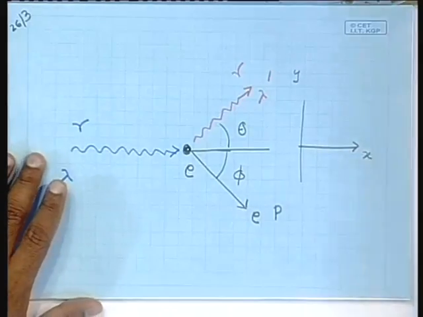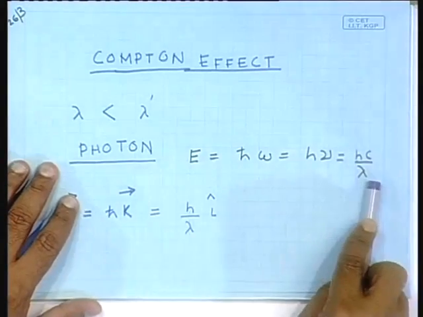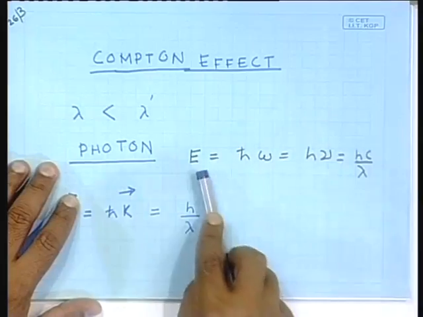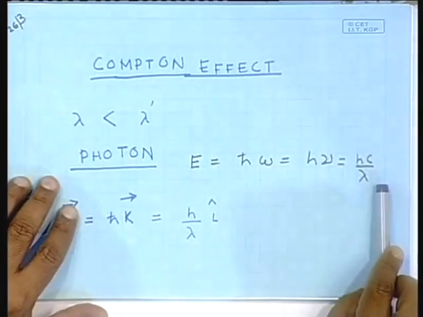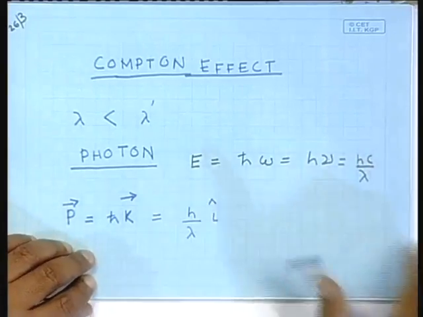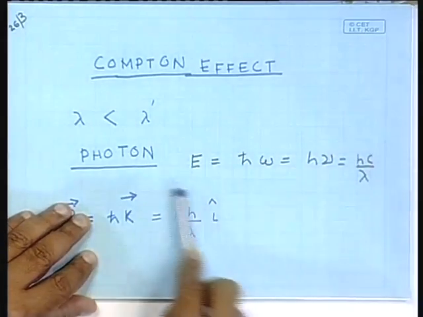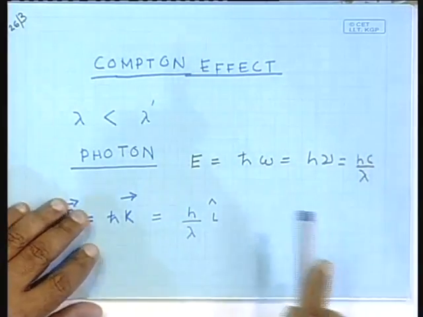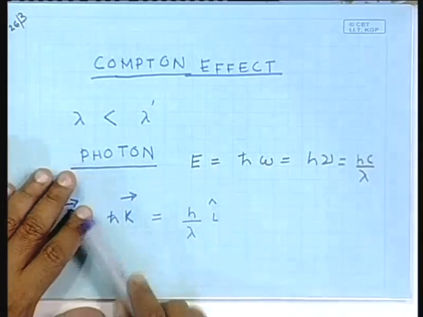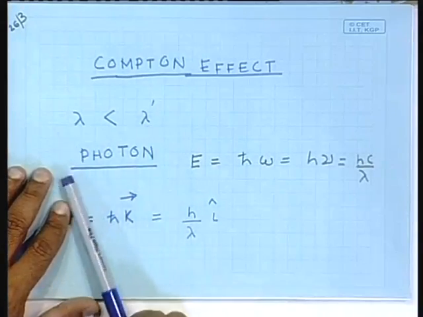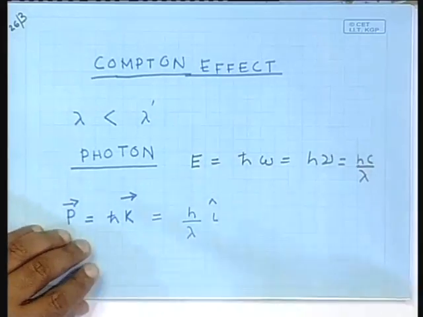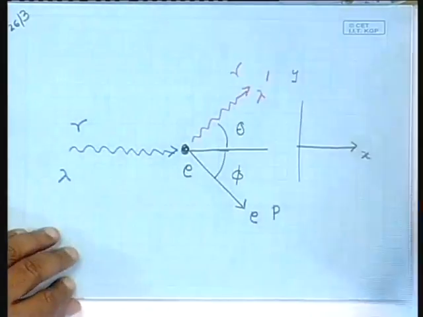The energy is inversely related to the wavelength. So, if the energy goes down, which you expect to happen in such a scattering, the wavelength is expected to go up, which is what we see. This is the main reason why we think that with this kind of postulate, where the X-ray is made up of particles called photons, you can possibly explain the Compton effect, which is what we are now trying to calculate.